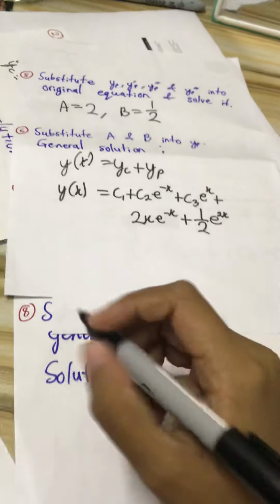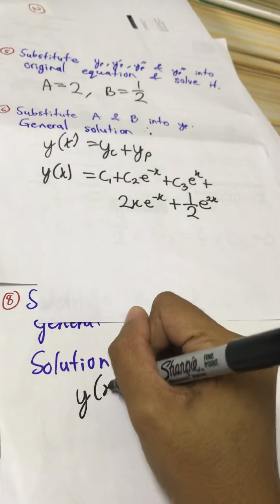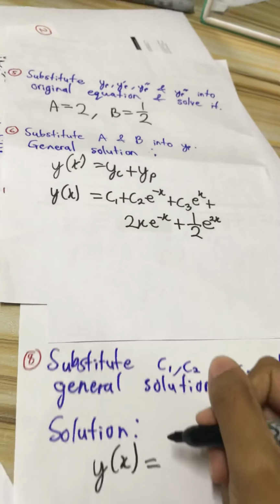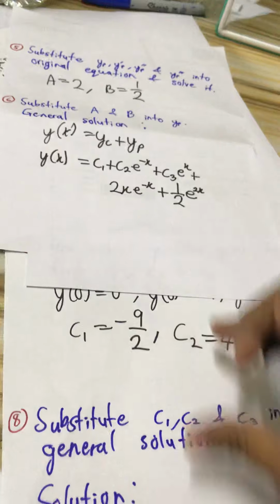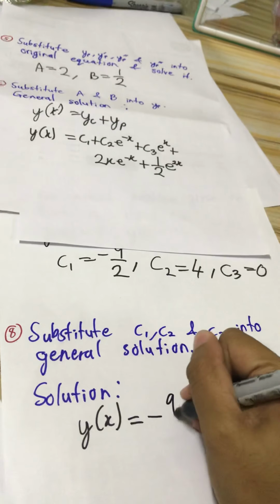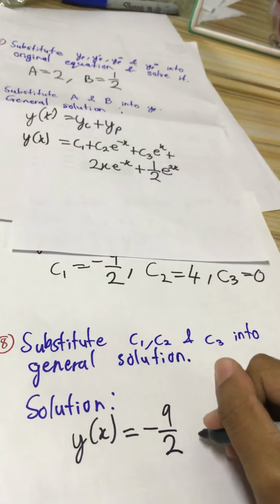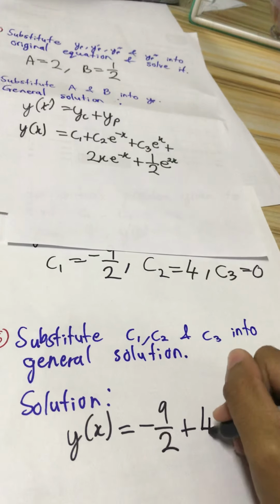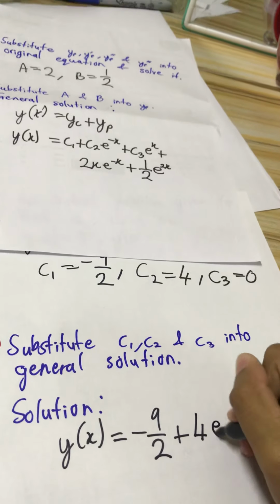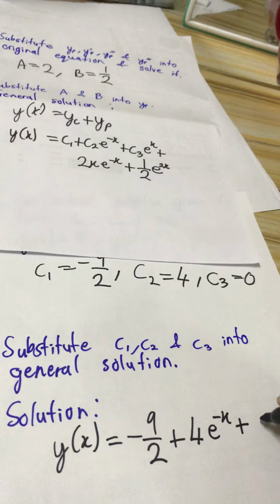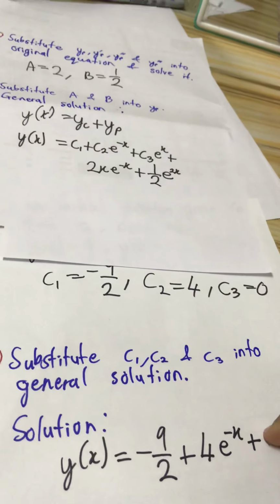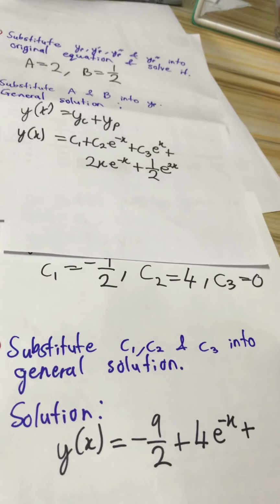Then the final solution becomes y(x) equal to c1, where c1 is minus 9 over 2, plus c2, which is 4, e power of minus x plus c3, which is 0. So 0 times exponential x becomes 0.